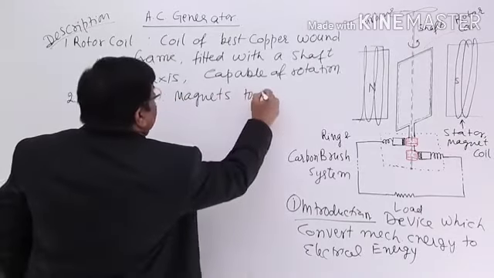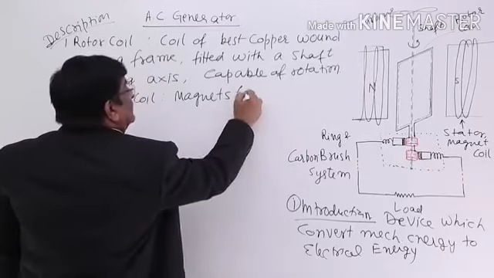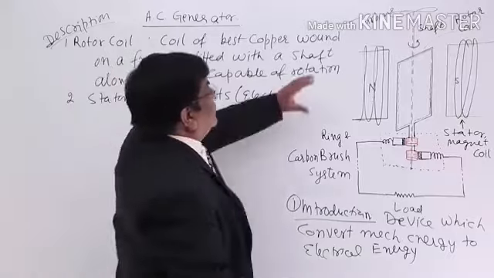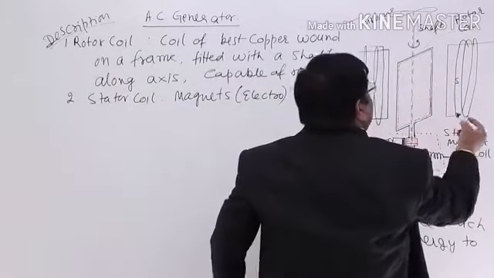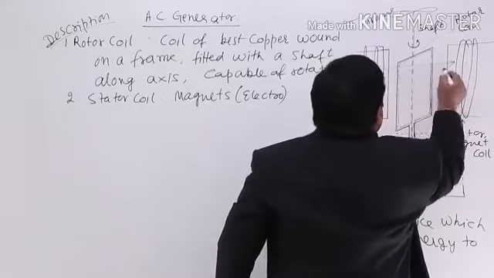to create a magnetic field, and these magnets are electromagnets, because electromagnets are very strong magnets. So we have these two iron pieces. There is a winding on the iron pieces. When current flows through this, there is a strong magnetic field here.